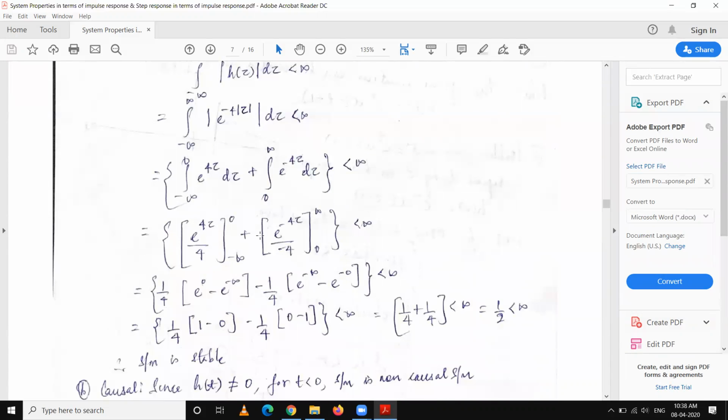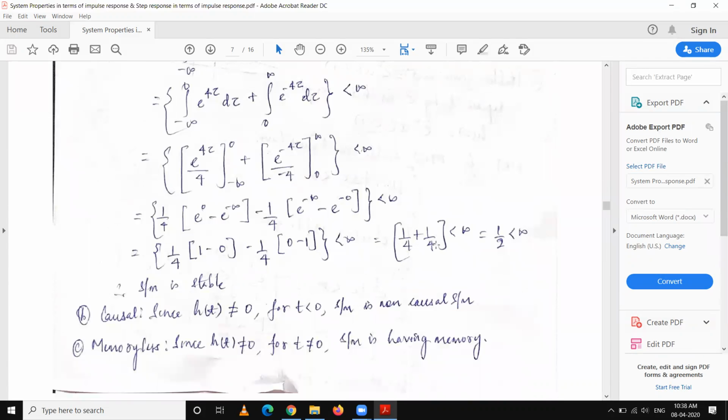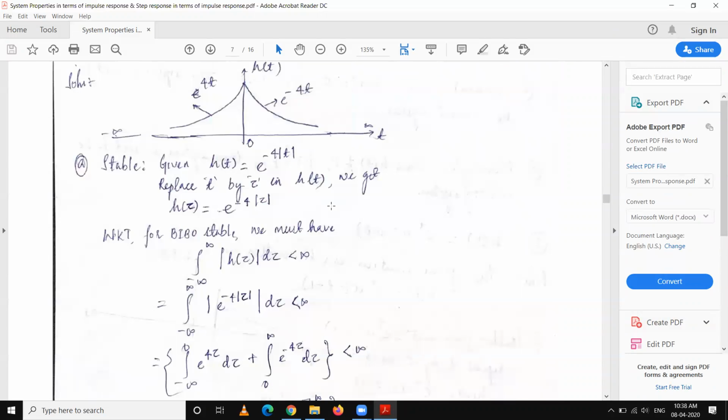Put the limits, integrate and simplify, so we get 1 by 4 plus 1 by 4, which after simplification is 1 by 2. This is a finite value, less than infinity, so we can say that the system is stable.